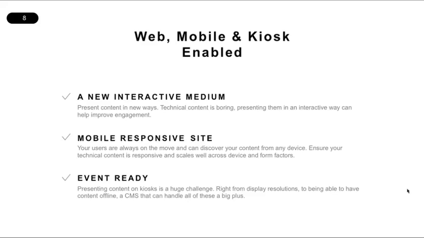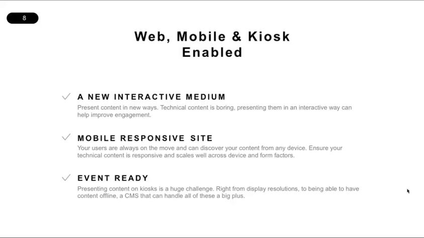Presenting it in an interactive way, encouraging users to actually click through, giving them active guides or guidance through the screens, letting them know where they need to click, or providing contextual information when they are visiting a specific part of the documentation, all go a long way in improving the end user's experience of your technical content. A mobile responsive site is, again, very important in today's age, so that people can consume this content across all devices and form factors.